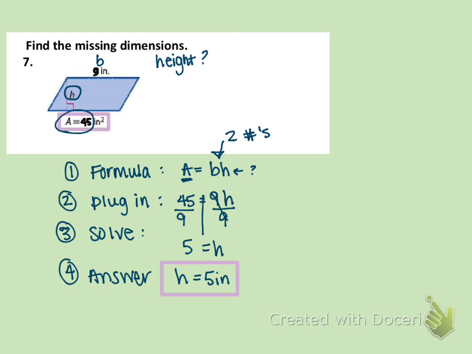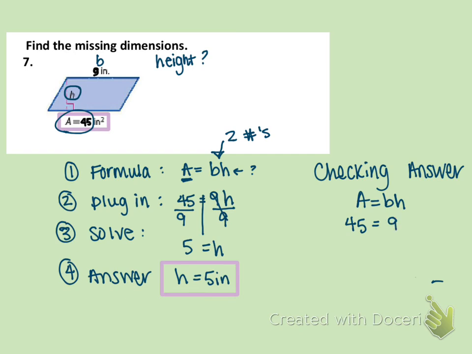And so you can plug it in to check your answer. So we have this formula of A equals BH. And so we said that area is 45 and that your base is 9 and your height we just solved is 5, right?